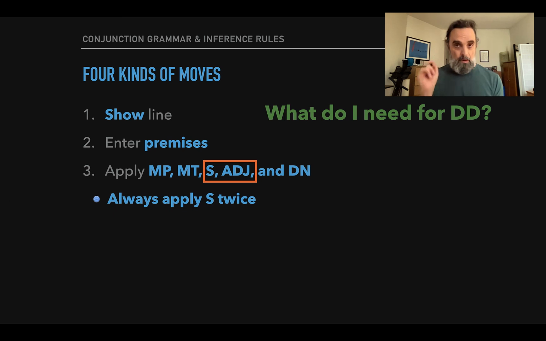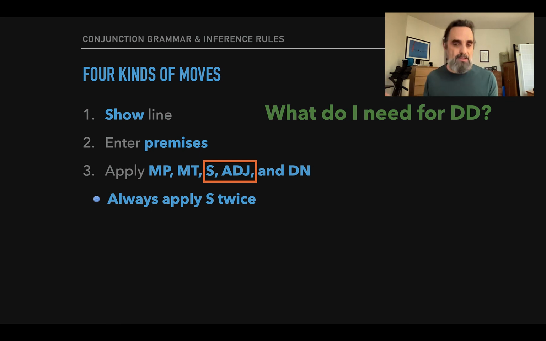You always want to apply S, and you always want to apply it twice. When you have a conjunction, you want to use S on it immediately, and you can always apply S to a conjunction twice because you can get the left side and the right side. In some cases, that will give you more than you need, and you could have had a derivation where you only applied S once and got, let's say, the right side.